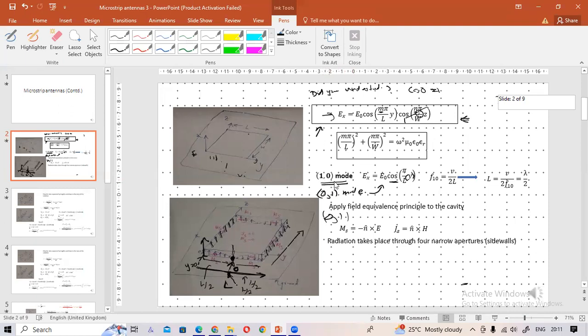These are referred to as odd and even modes. As I can remember, this 1 0 is the even mode and 0 1 is the odd mode. So there are two modes, odd and even. As I explained, you have to consider the E-field distribution.